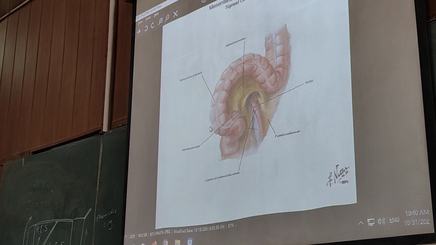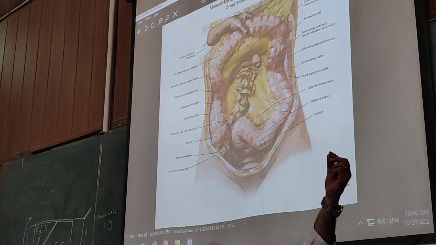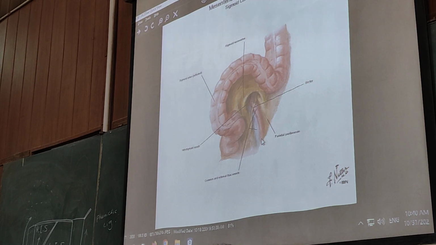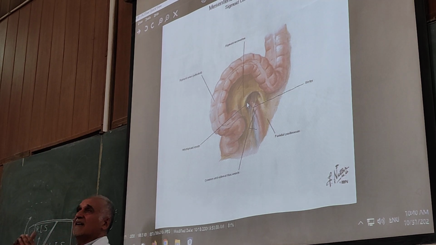Which part is this? Sigmoid. Look here, this is the sigmoid. If I pull up the sigmoid, it should be like this. It means this is the horizontal arm of the meso of the sigmoid, and this one is vertical. Horizontal and vertical band.